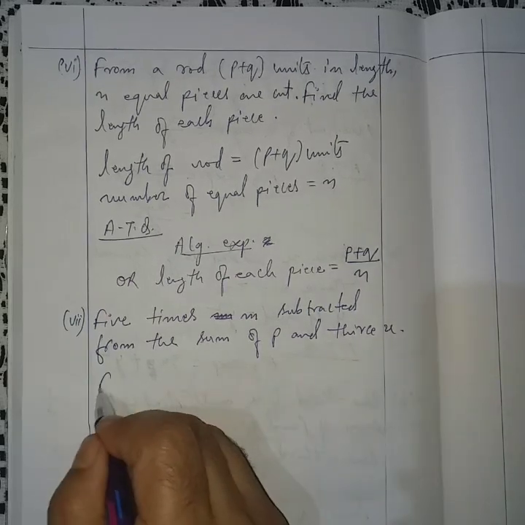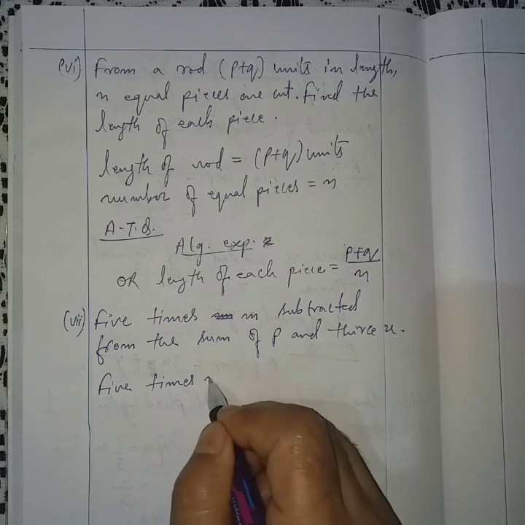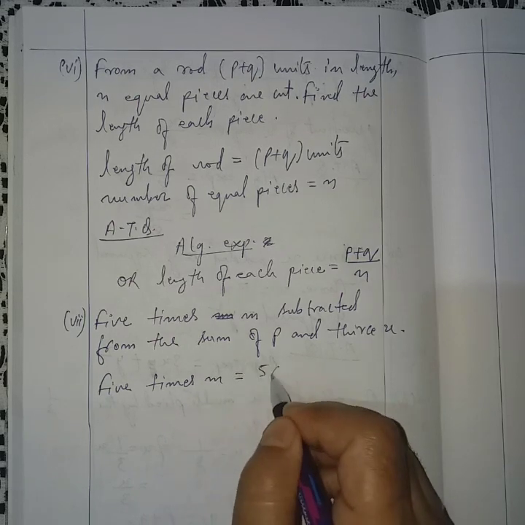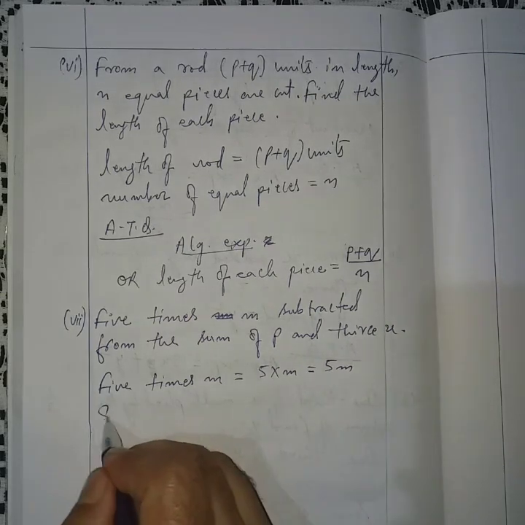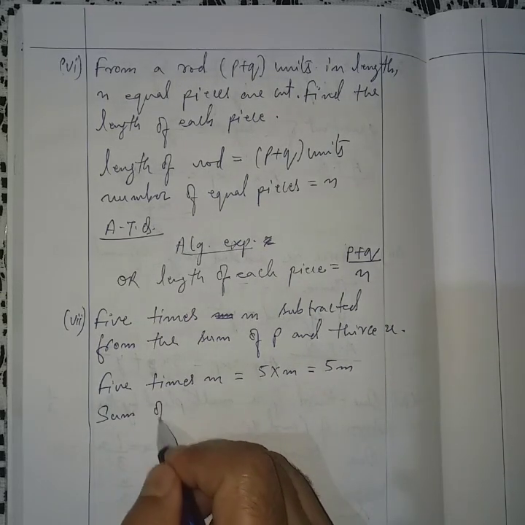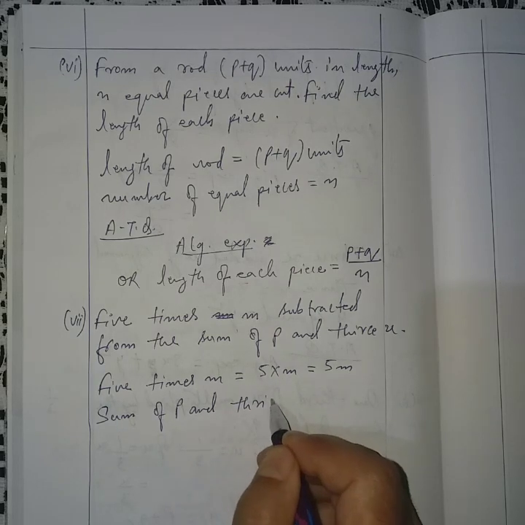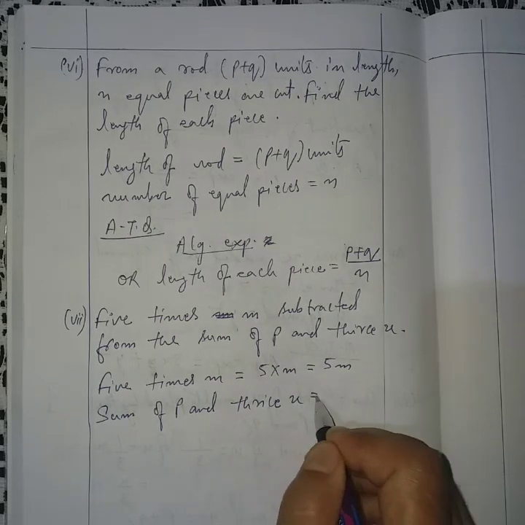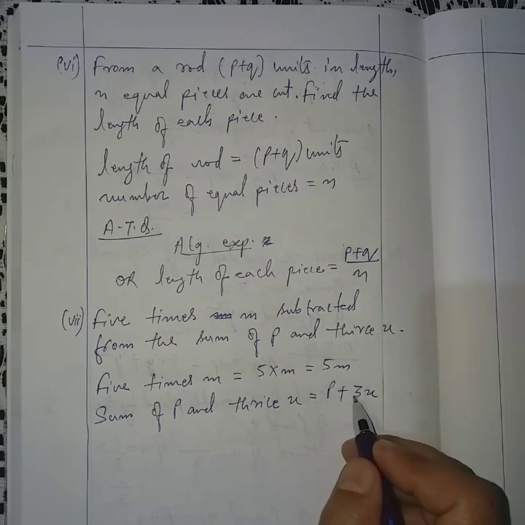So 5 times means to multiply. 5 times m means 5 into m, which is equal to 5m. Sum of p and thrice x: p plus thrice x means 3x. So this is the sum.